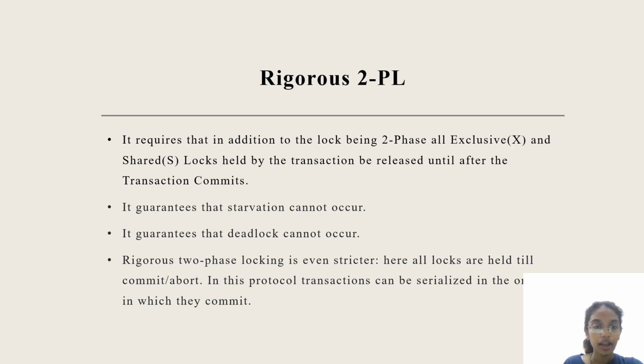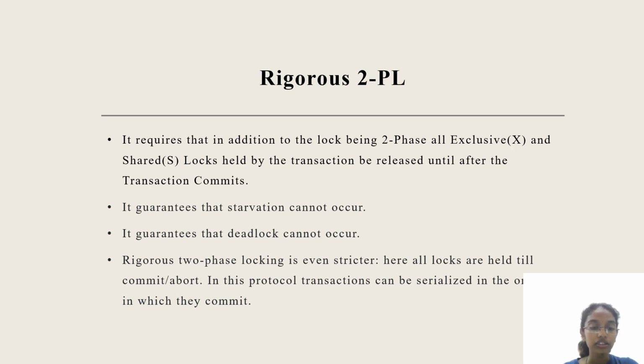Rigorous 2PL. I have given here some of the points about Rigorous 2PL. Let's look at the detail. Here we have given that it guarantees that starvation cannot occur. This means that no transaction will be indefinitely prevented from making progress.